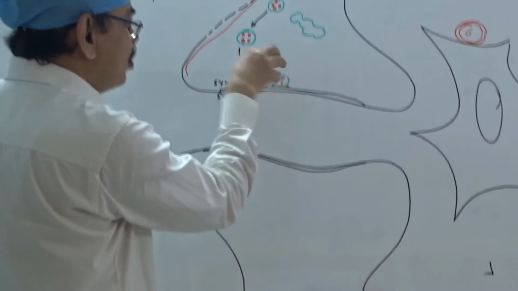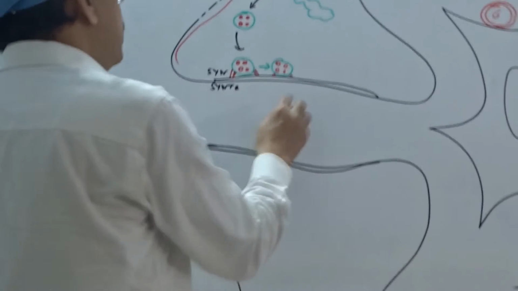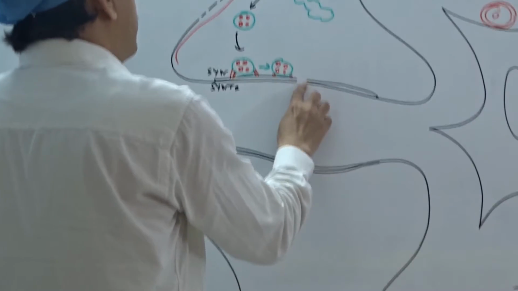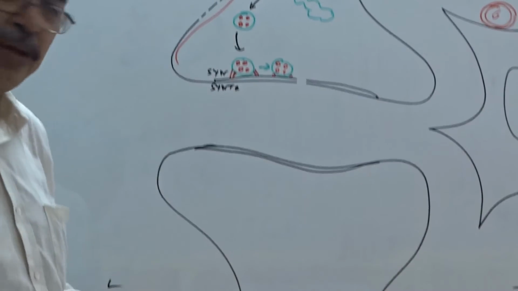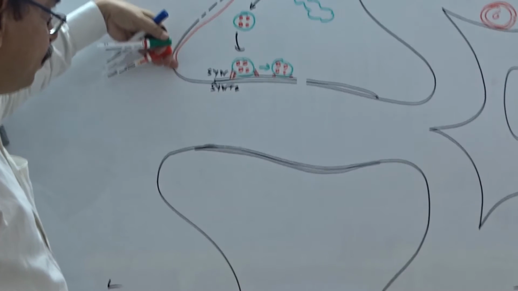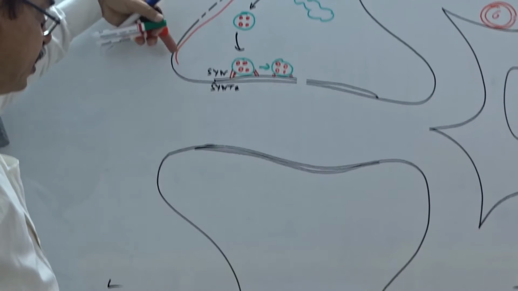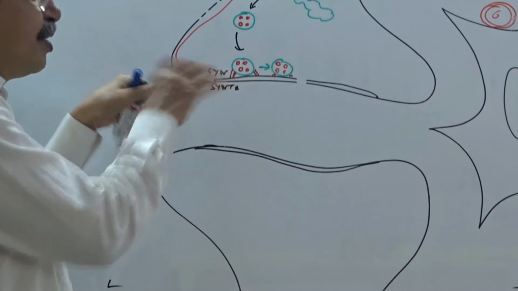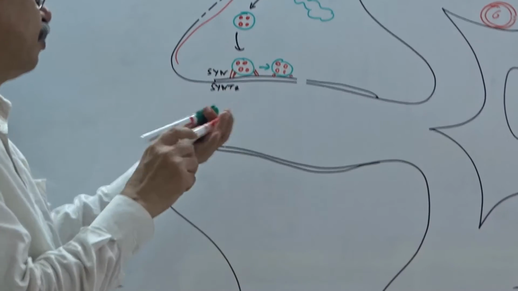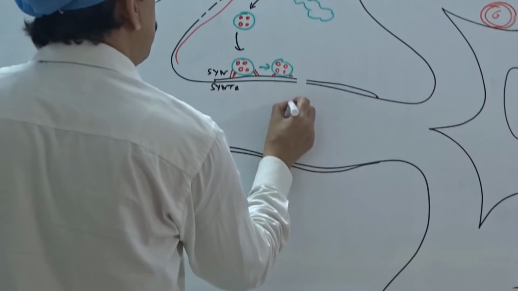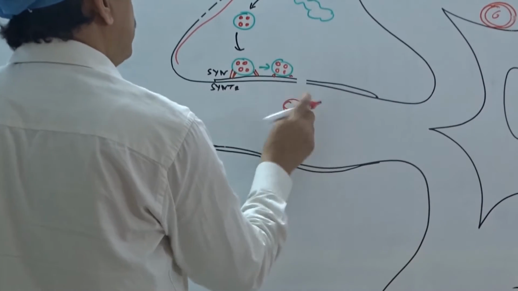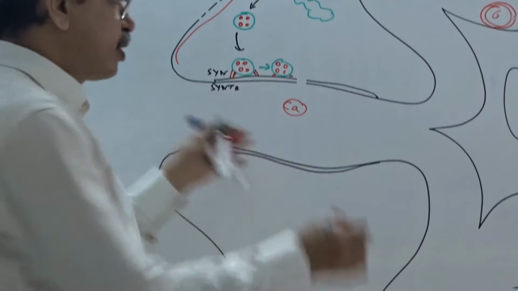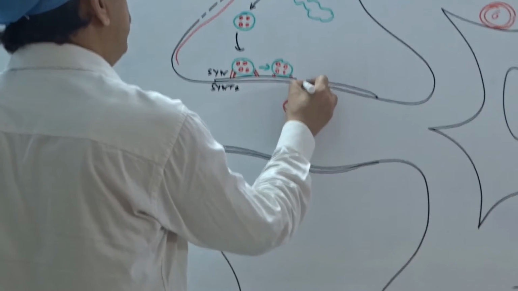but it cannot release the neurotransmitters unless the calcium enters. So when the electric current reaches the terminal of the first order neuron, it is ready for entry of the calcium. So the calcium ions which were moving around in the synaptic space and in the extracellular fluid will now enter.